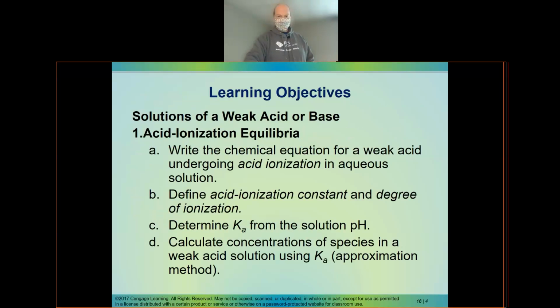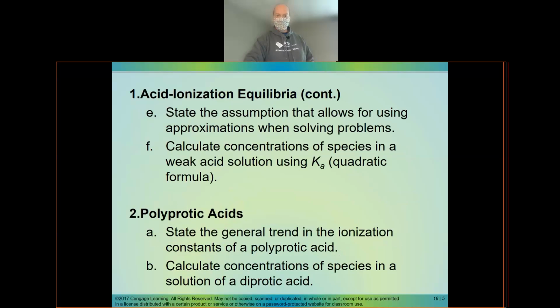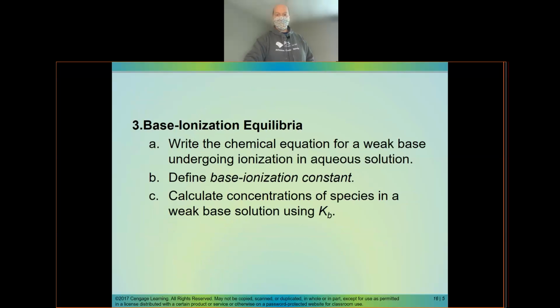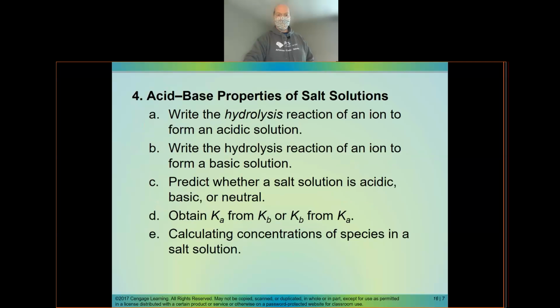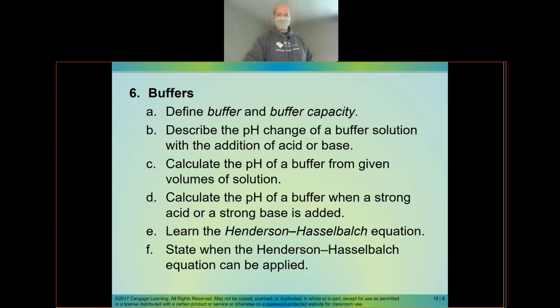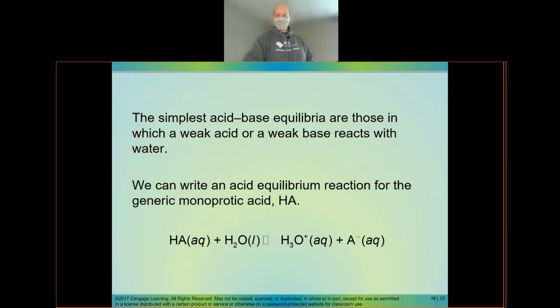All right, so we have our solutions of weak acids and bases. We did some of that already. Polyprotic acids, base ionizations, common ion buffers. So this is a very long chapter. As you see in the homework, there were very few questions in chapter 15.